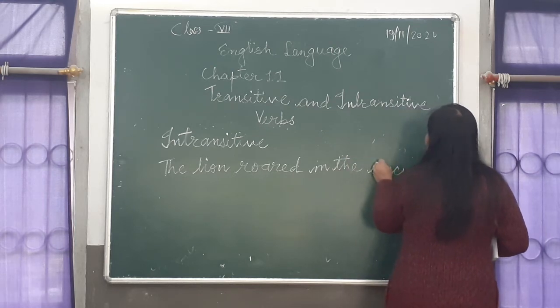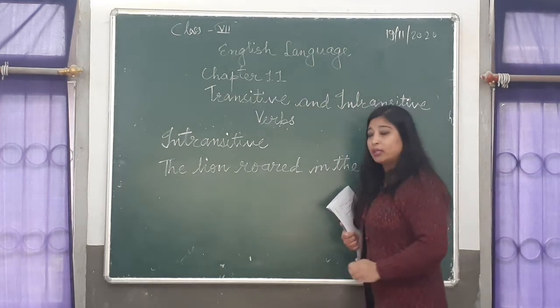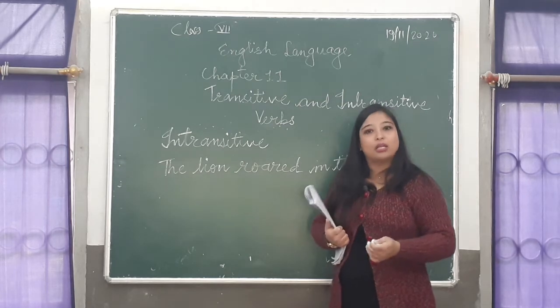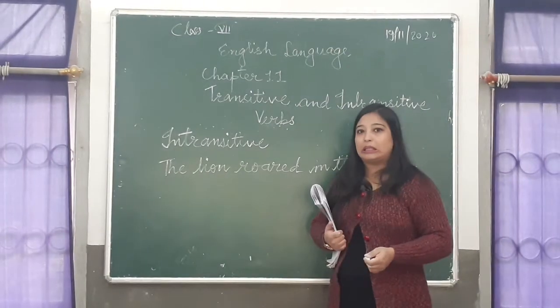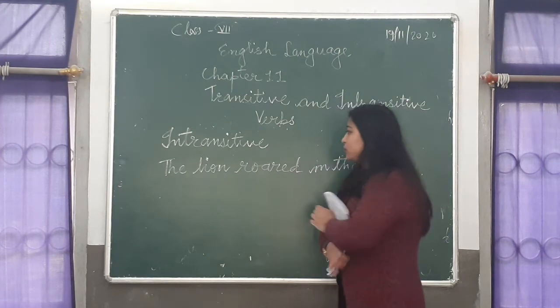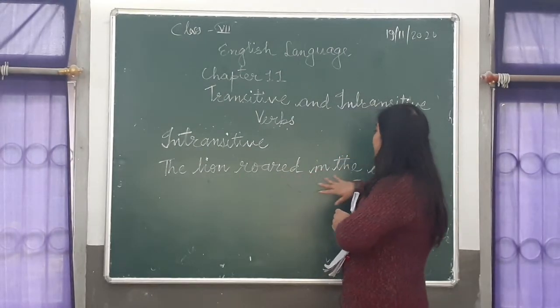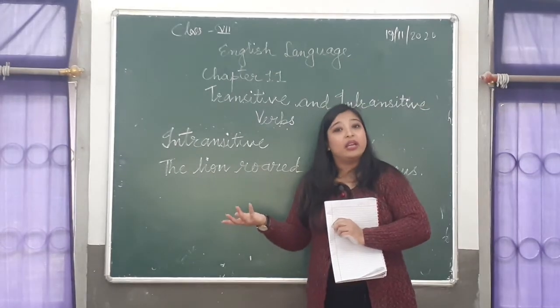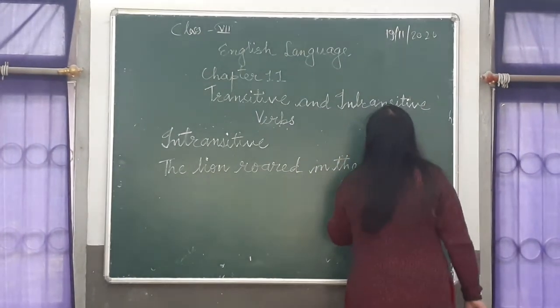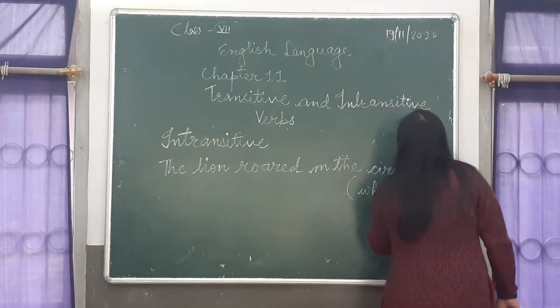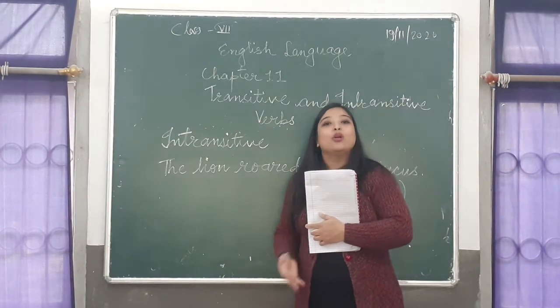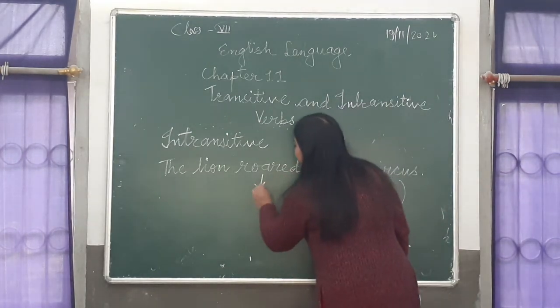Okay. So over here you can't ask the question what, isn't it? The lion roared what? You can't ask such a question, or whom, isn't it? So the lion roared in the circus. Where? The lion roared where? In the circus, isn't it? So it is asking the question where. Okay, so this roared over here is an intransitive verb.